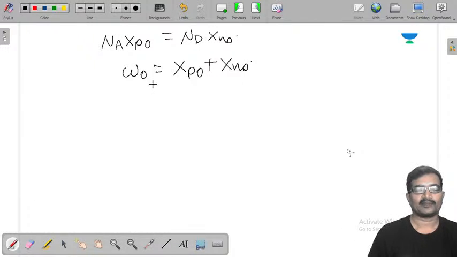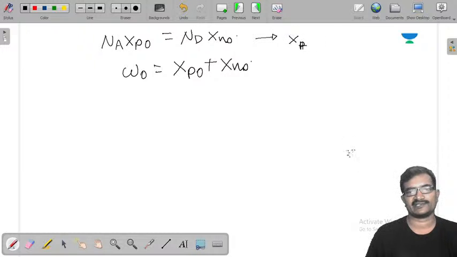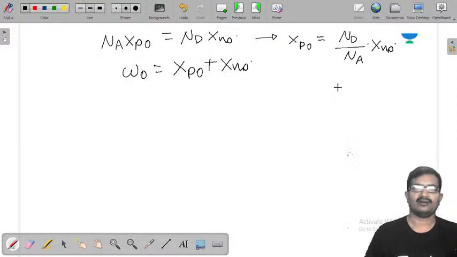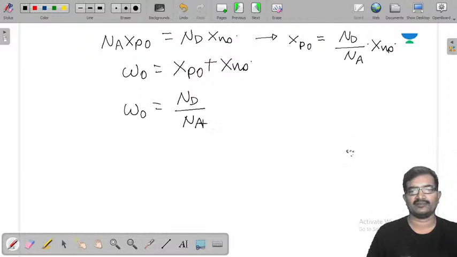Now from this I'm going to write xp naught is Nd by Na into xn naught. Just take this value and substitute here. Therefore W naught is Nd by Na into xn naught plus xn naught.